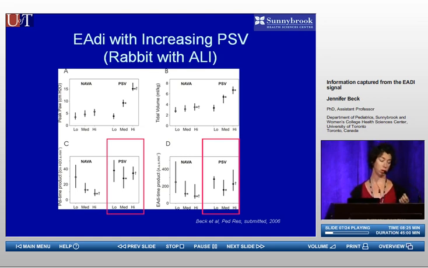We also saw a progressive increase in the number of wasted inspiratory efforts. So at a very high level of pressure support, even though the diaphragm activity was really trying to trigger, the rabbit wasn't getting an assist. In effect, due to the worsened asynchrony, there was an increased work done by the diaphragm. So just because you increase pressure support does not necessarily mean that you are unloading the diaphragm.